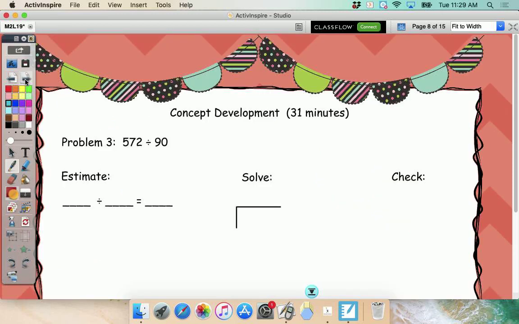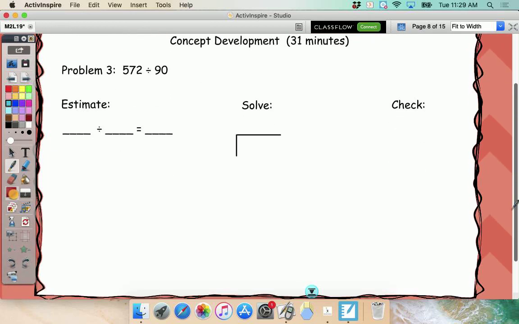Okay. This one's a little trickier, but it's fun. Okay. First step. Brendan, what's my first step? Write down my dividend and my divisor. Good. Next step. How about Yondell?